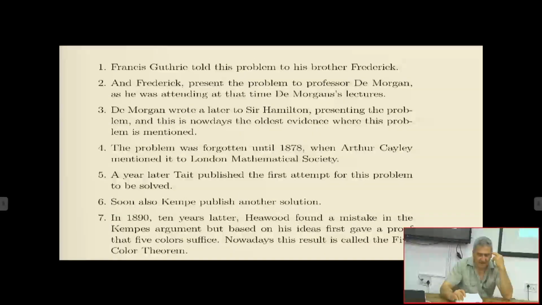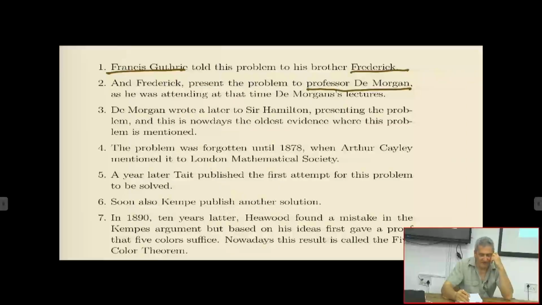Francis Guthrie told his brother Frederic Guthrie about the problem, and Frederic at that time was attending lectures of the famous Professor De Morgan. You have heard the name, yes? De Morgan's law in logic and so on. Okay.